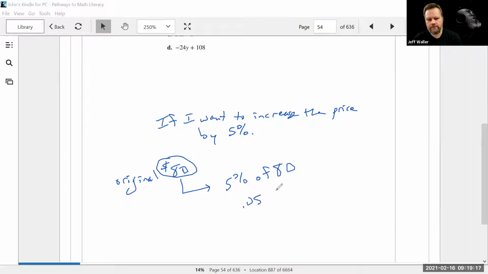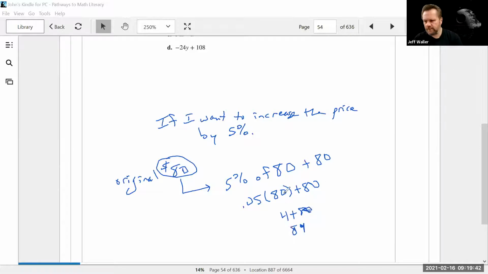So 0.05 times 80, and then you're going to take that and add it to 80. Okay, so then what's that? Is that 4? Yeah, so it's $4, so it'll be $84.